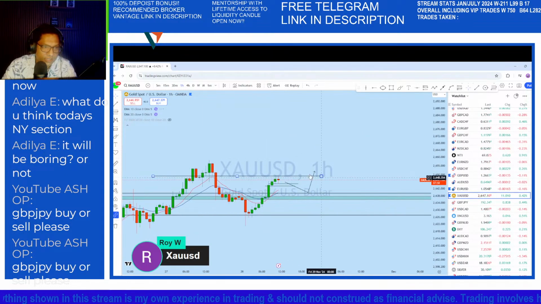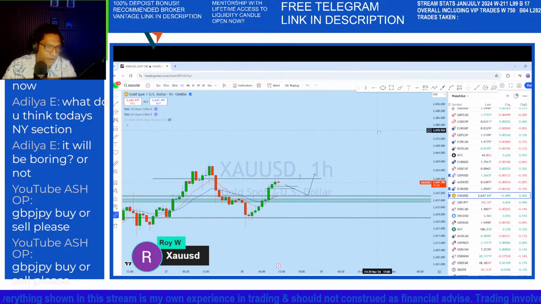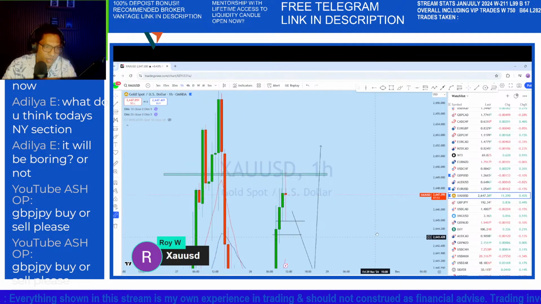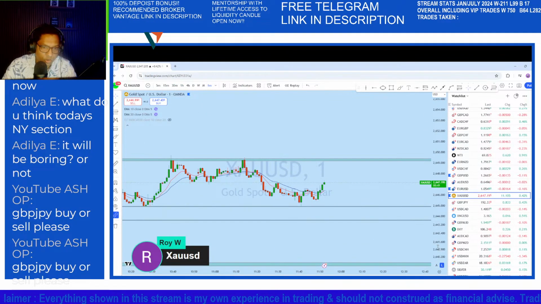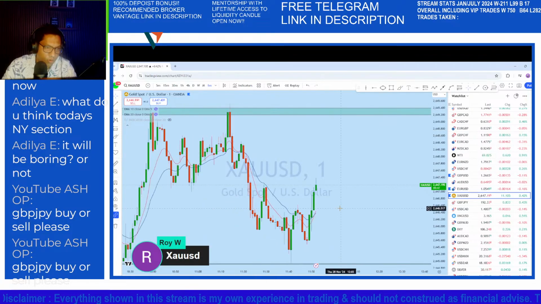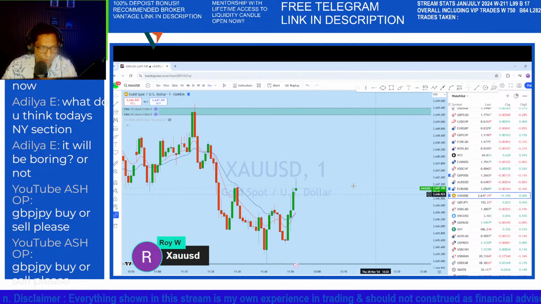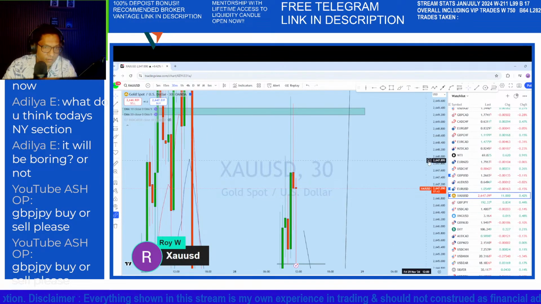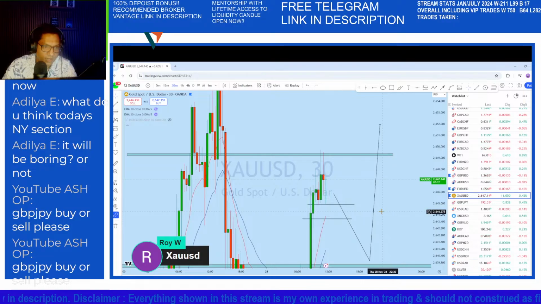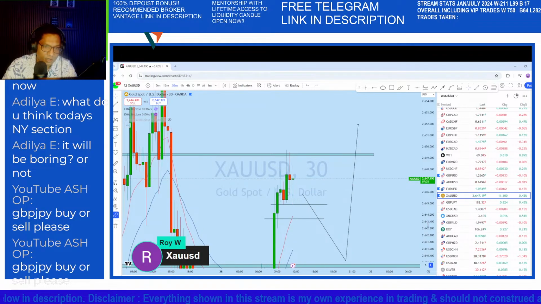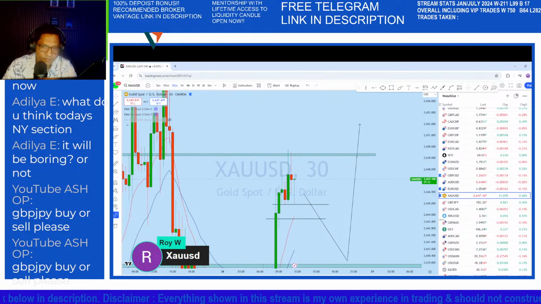Looking back on XAUUSD, you see that after forming a double bottom, it managed to break out at the moment. But I think we might see another retest here.